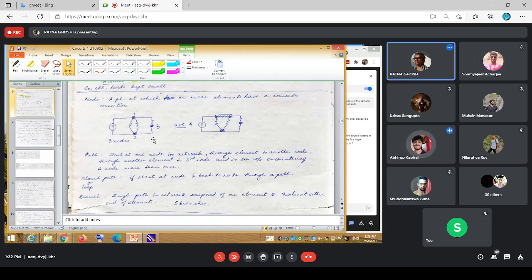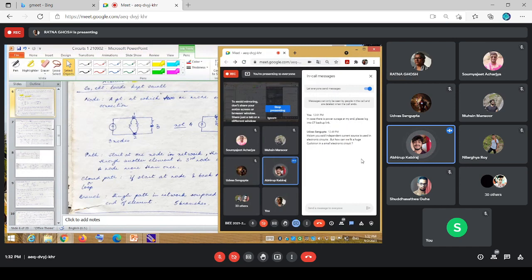Ma'am, 4 at 1, 2 at 3, and 4 at 2. Yeah, and please see that in this, you have 4 at 1, out of which 1 is a source. So it is irrespective of whether it's a source or a passive element. That has nothing to do with whether it can be called a node or whatever. As long as you have elements being connected there, it's good enough.